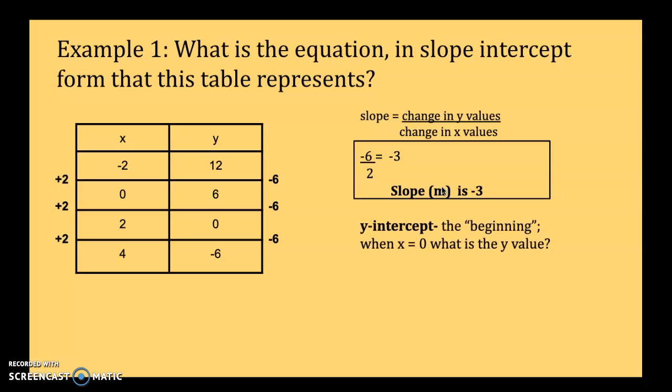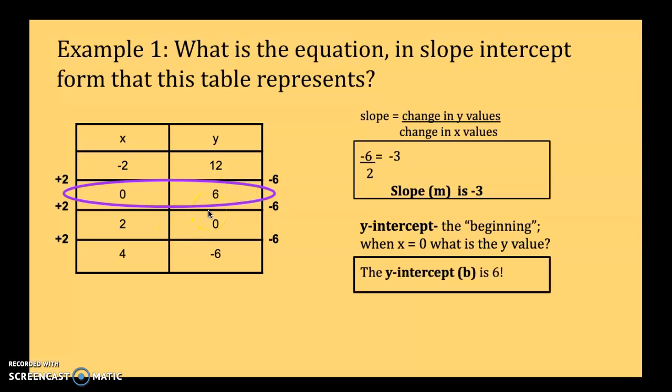Okay, so now we need to be able to identify that y-intercept in the table. And we talked about when x is 0, that's when it will intercept the y-axis, when x is 0. So right here, x is 0 and y is 6. So that means the y-intercept is 6.